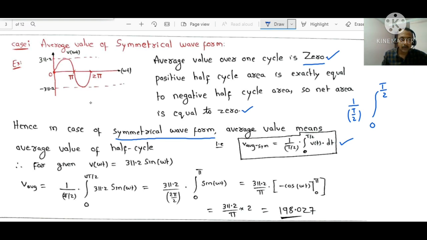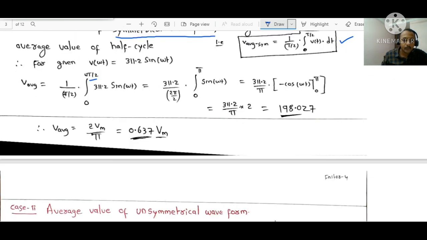Clear? Now we know that the time period is capital T, omega t. We are considering only half of the time period, omega t by 2, so 1 by T by 2 becomes omega t divided by 2.